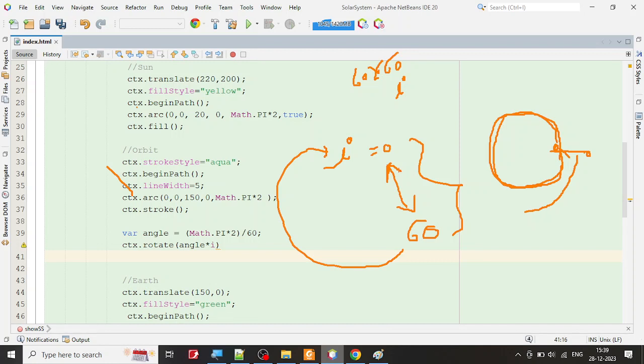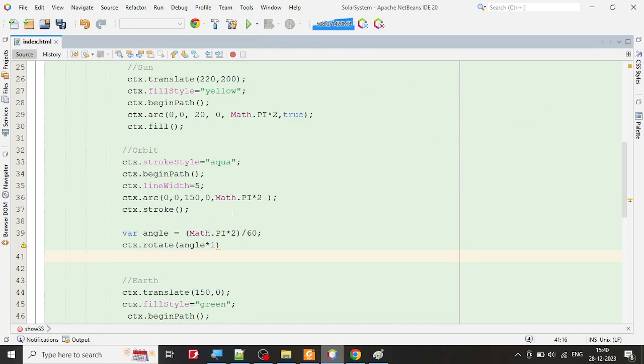So what am I supposed to do for that? How am I going to increase, or how am I going to reduce the value of I? There are many different ways in which you can do it. One is you increase the value of I, I is equal to I plus 1, no doubt.